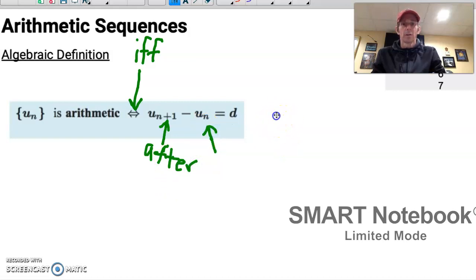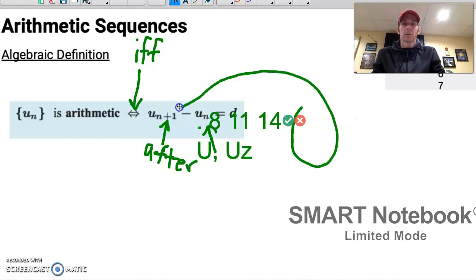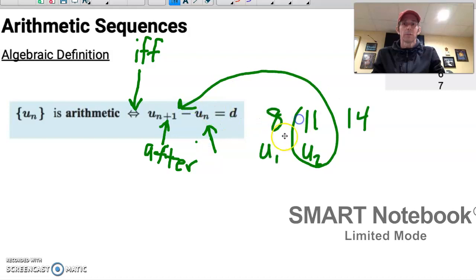So a minute ago I started with 8 and I went to 11 because I added 3, and then 14. So this would be first term, second term. Notice that this one right here is the one that would be in that first spot, and this term would be in that spot. So the actual difference I would calculate would be 11 minus 8, which is 3.